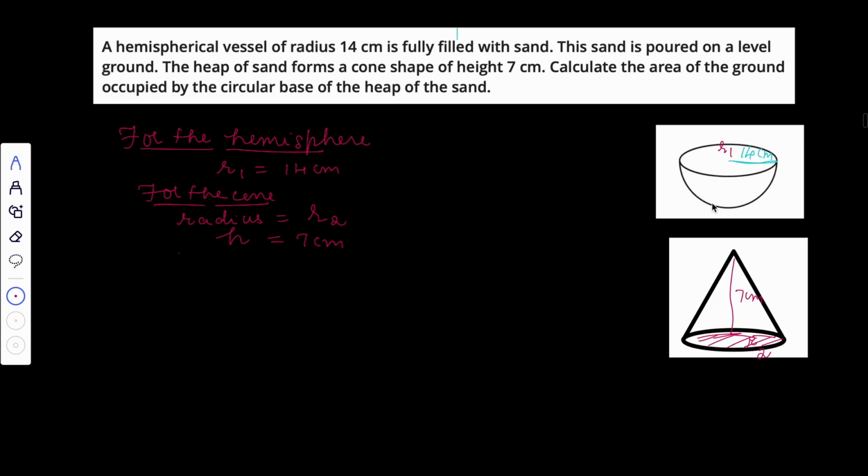Now, whatever sand was there is poured here, so both the volumes are equal. So by data, volume of cone is equal to volume of hemisphere.